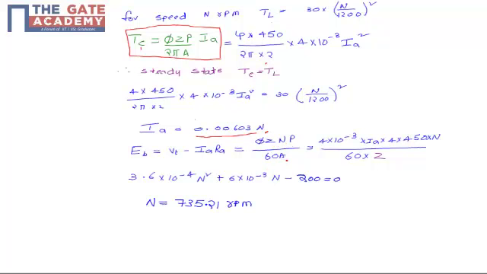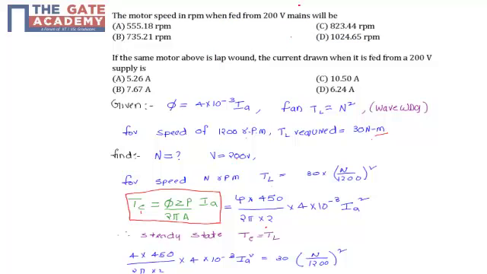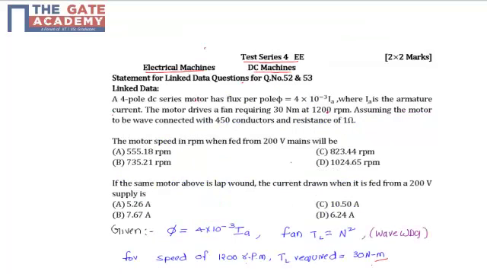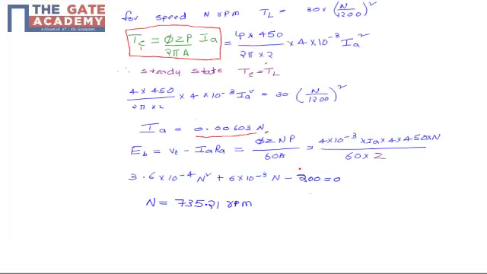For wave winding, the value of A is equal to 2. Substituting A equal to 2 in this formula and solving, we get 3.6 into 10 power minus 4 n squared plus 6 into 10 power minus 3 n minus 200 equal to 0.